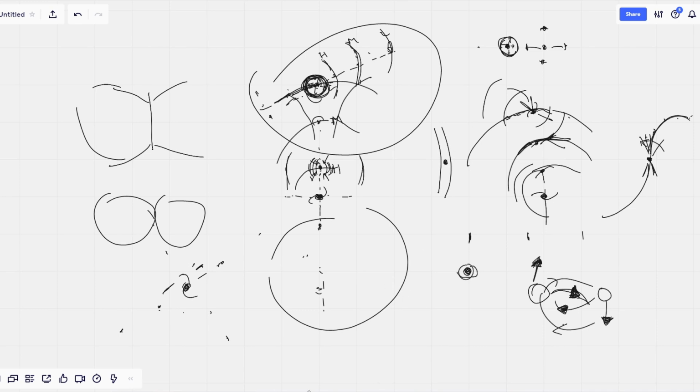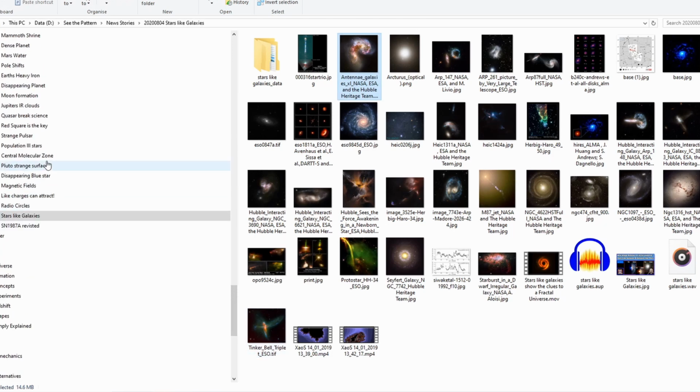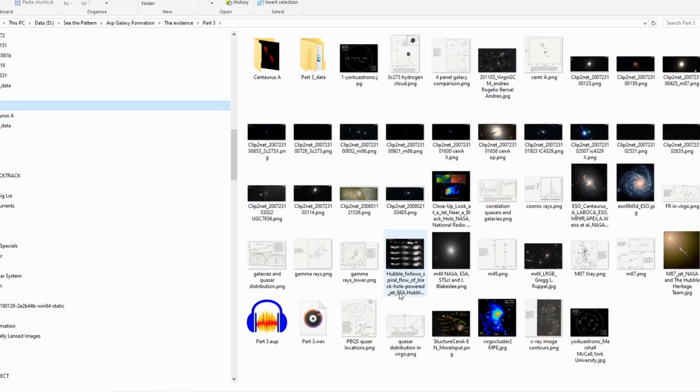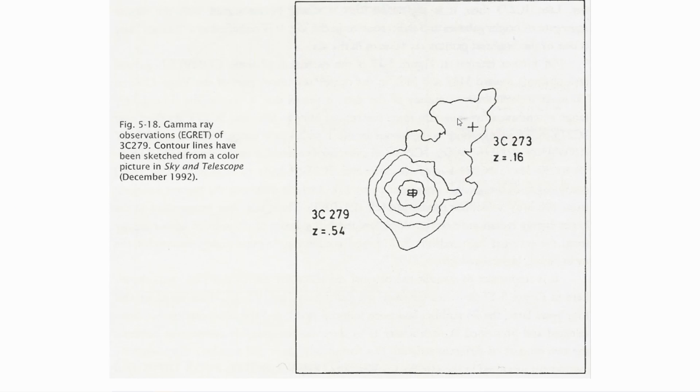I mean, that to me is another weird piece in Arp's work, when he looked at the gamma rays and the cosmic rays. That was another massive piece of the puzzle for me, in terms of the fact that gamma rays are actually not coming from the objects themselves, but from the diffuse cloud around it.